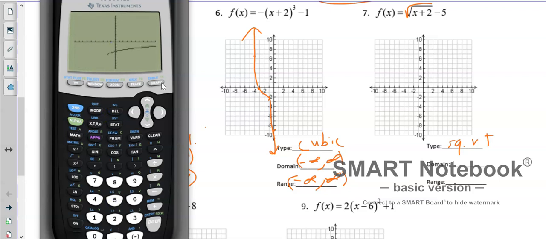And there it is. So now we just go to our table. Obviously we have a bunch of errors because we cannot graph it left of -2.